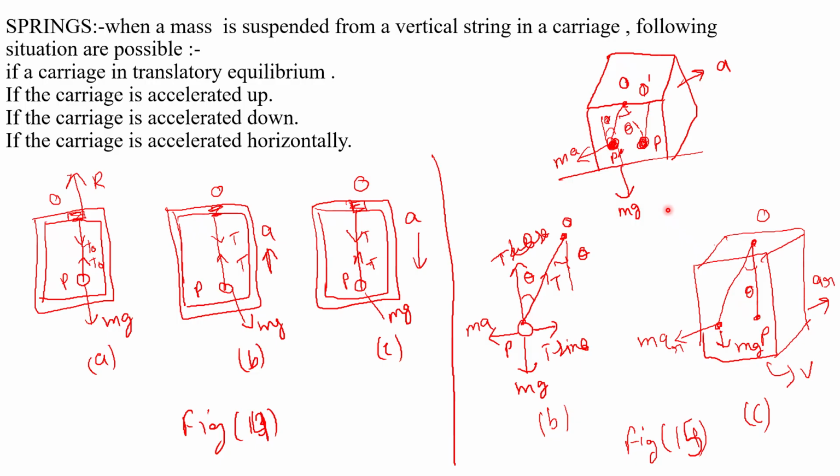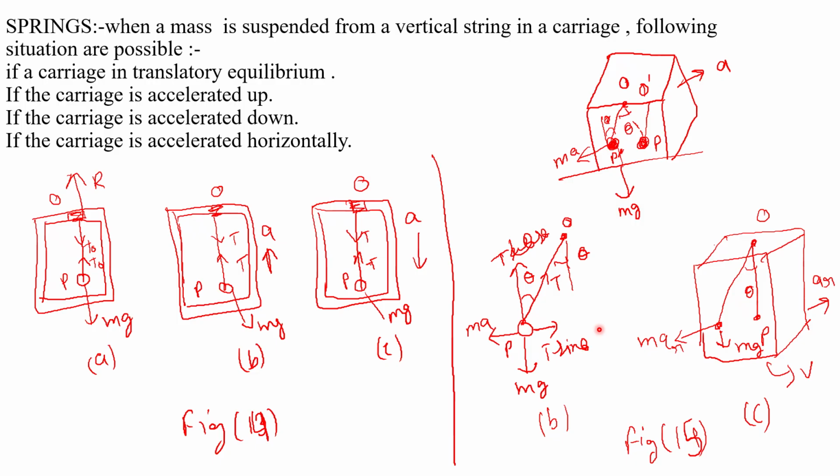So as a result of this, the string will incline to the vertical in a direction opposite to the acceleration of the carriage. Now, as the mass m is in equilibrium inside the carriage, T sin theta is equal to ma, T cos theta is equal to mg. By solving this, we see tan theta is equal to a by g, T is equal to m root of g squared plus a squared. So tension in the string becomes more than T0, and so the string may break.